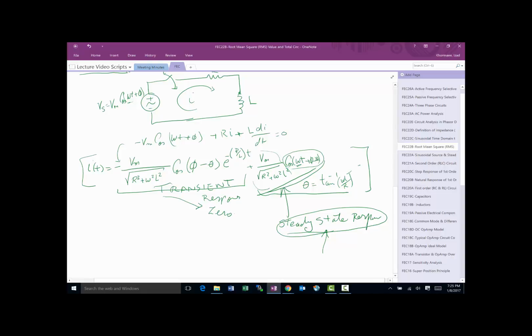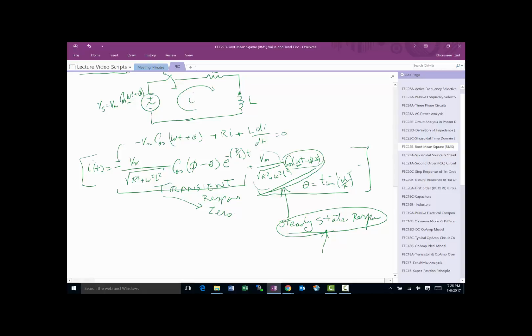So there is some shift in the current I with respect to the voltage that was put in. Anyway, that's basically called the total response. For every different circuit, of course, the equations will change and you have to go through the process.